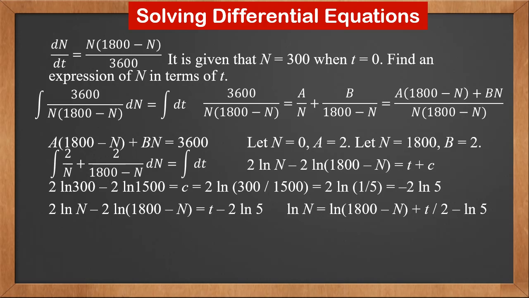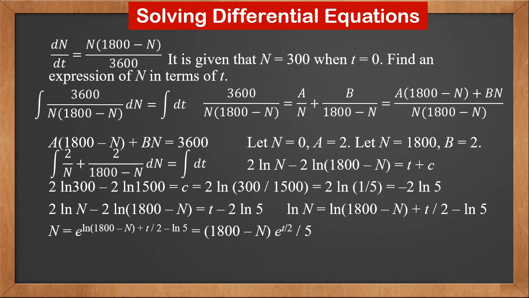Divide by 2 on both sides and move ln 1800 minus n to the right side, we get ln n equals ln 1800 minus n plus half t minus ln 5. Raise both sides to the power of e.